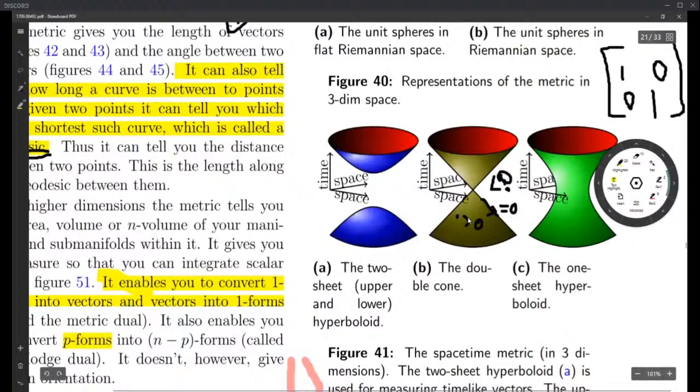Go ahead. Okay, so very quickly to brief on that, if your point lies inside the light cone, you have a space-time interval larger than 0. If it lies right on the edge, it's called light-like, and it has an interval of 0. And if it lies outside, it has an interval less than 0.